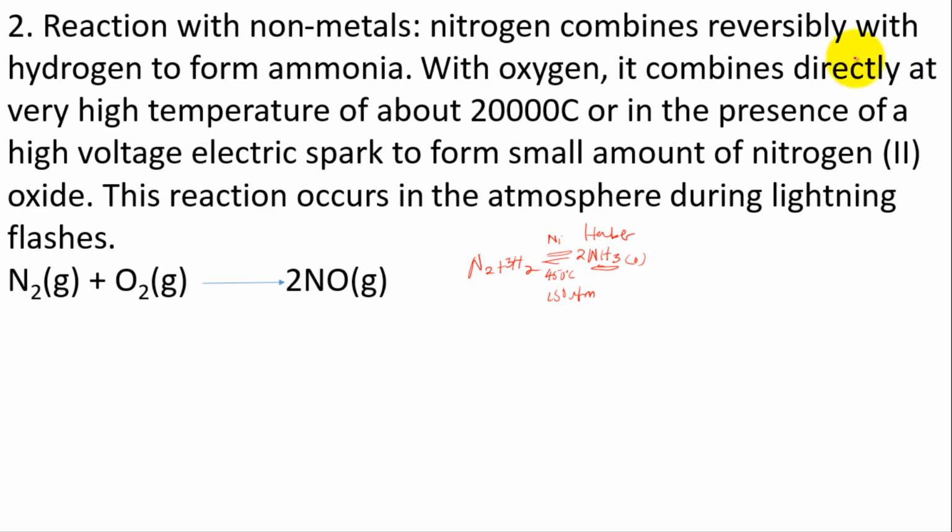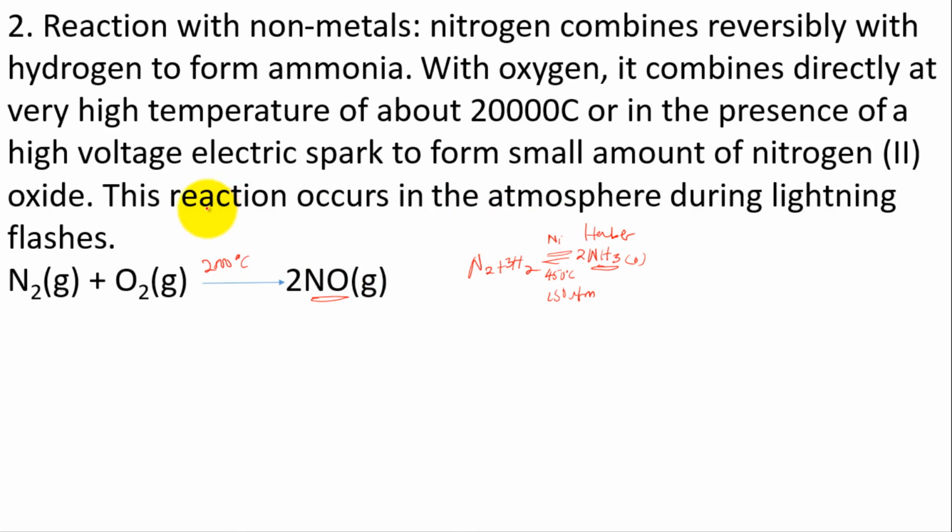Then with oxygen, it combines directly at a very high temperature of about 2000 degrees Celsius, because you need a lot of heat to break the bond between nitrogen molecules, to form nitrogen 2 oxide.